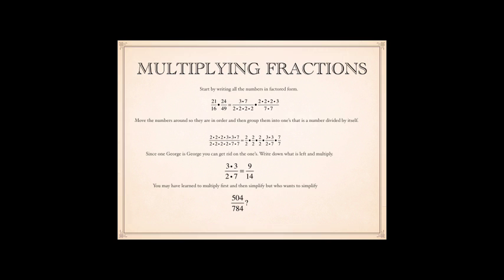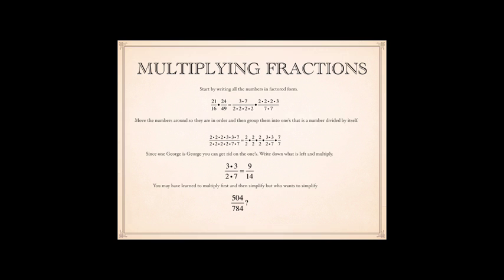So we end up with 2 over 2 times 2 over 2 times 2 over 2 times 3 divided by 2 times 7. Those didn't have anything to match them up with. And then a 7 times 7 at the end. And since one of anything is that thing, you can get rid of the ones.